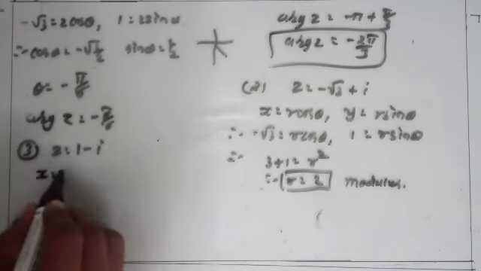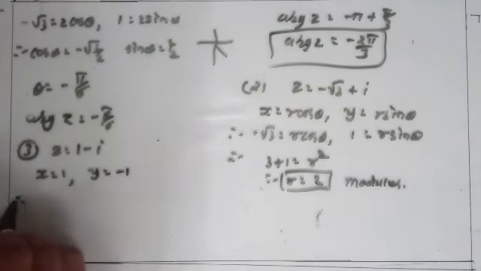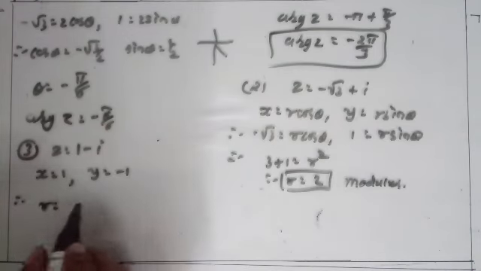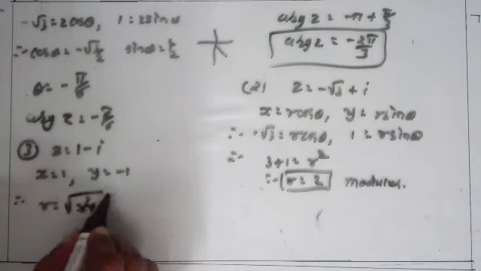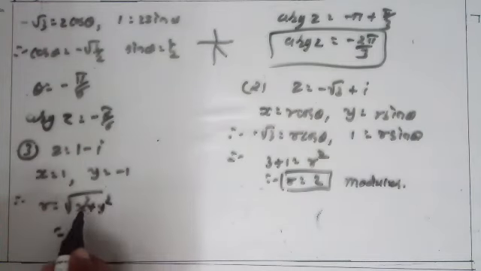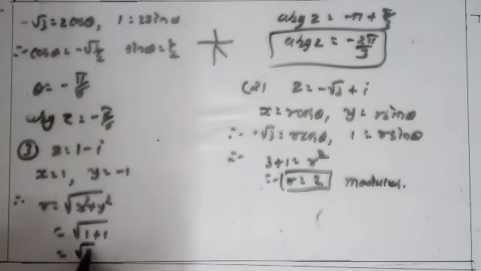We get x is equal to 1, y is equal to minus 1. So r is equal to, we know, root of x square plus y square, is equal to root of 1 plus minus 1 square, is equal to root of 1 plus 1, which becomes root 2. Okay, so r is equal to root 2.